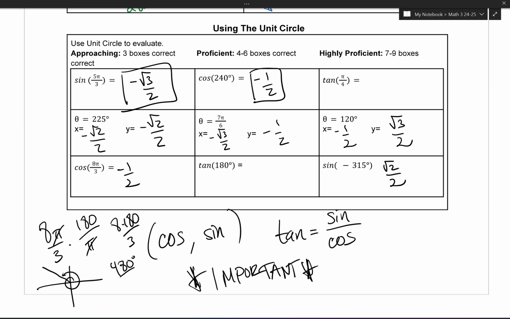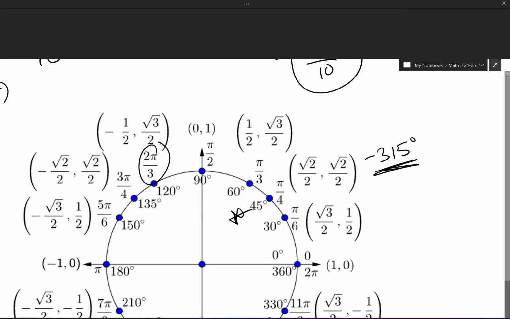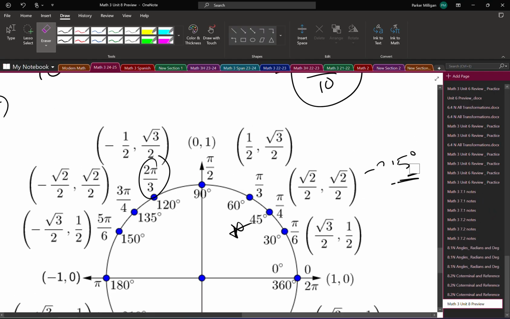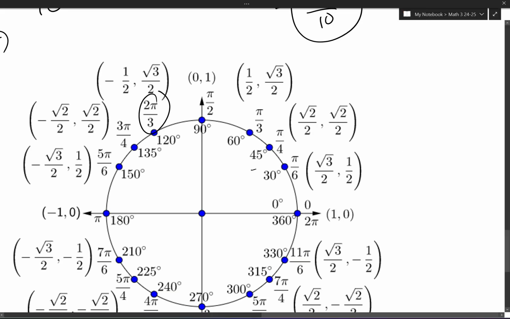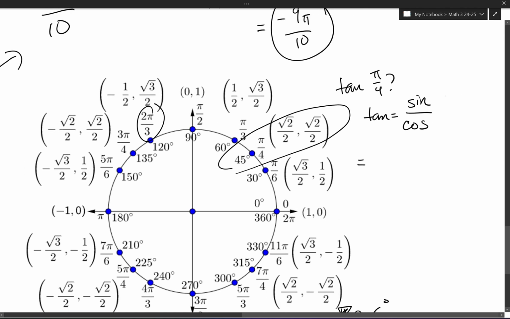The tangents. Let's do the tangent of pi over 4 and the tangent of 180 degrees. Tangent of pi over 4. Where's pi over 4? Here's pi over 4. 45 degrees, right? What is the tangent of pi over 4? Well, like I said, tangent is the sine divided by the cosine. The sine is the y value. Cosine is the x value.